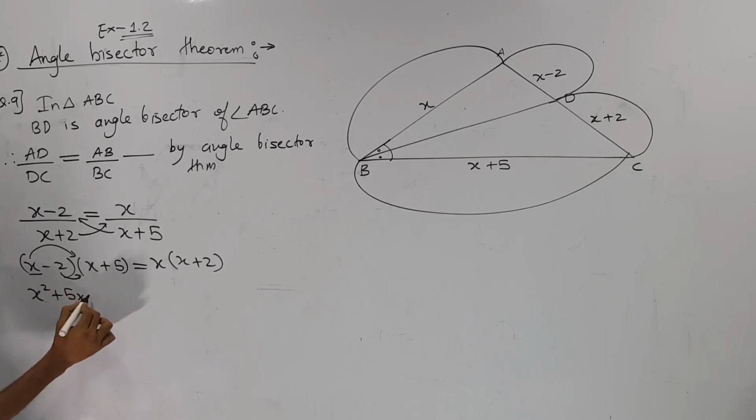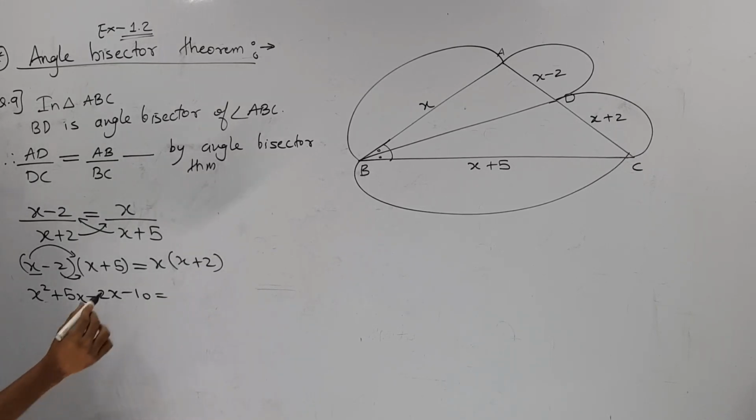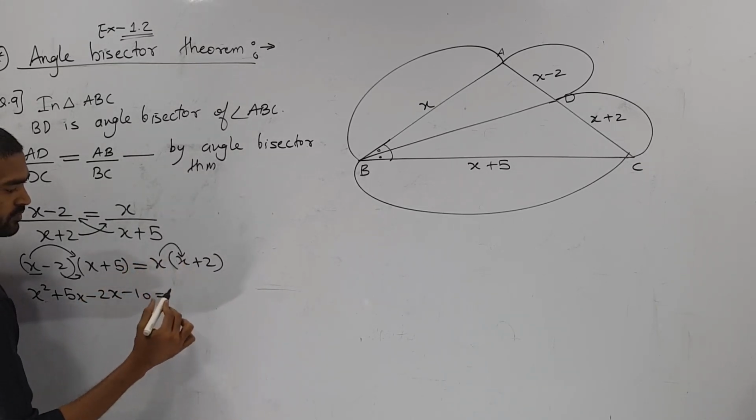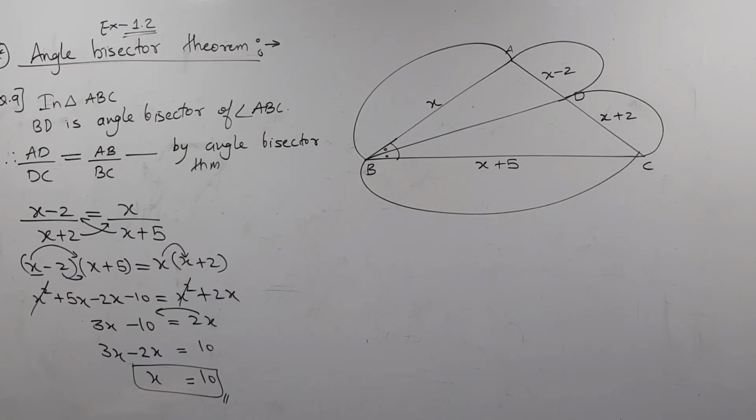Now minus 2 into x, minus 2x. 2 fives are minus 10. Now open this bracket also. x into x, x square, plus x into 2, 2x. x square gets cancelled.